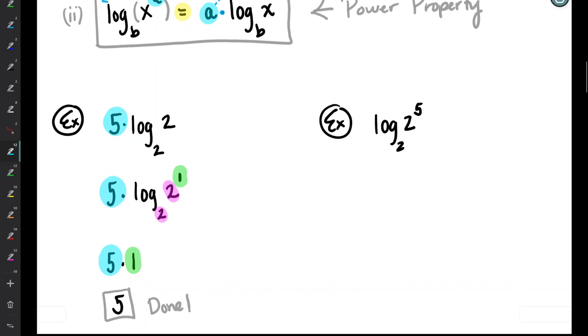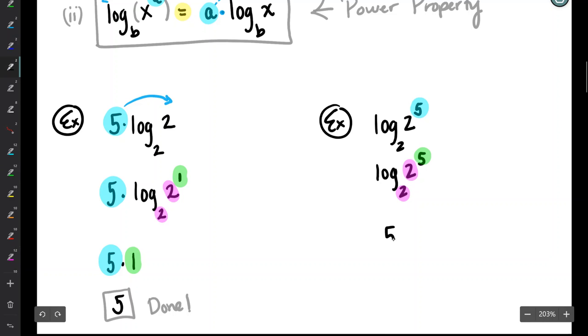Okay, so apparently 5 times log base 2 of 2, I could have simplified that by bringing the 5 up in front and have 2 to the 5th power. Do you see that movement? And we can simplify this. Log base 2 of 2 to the 5th. Well, what does log base 2 do? It takes in perfect powers of 2, and it just spits out the exponent. The exponent here is 5. Done.